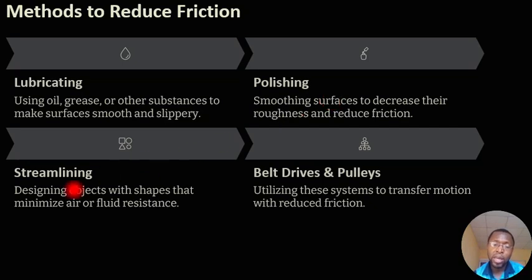Another way is called streamlining. Streamlining simply means designing an object in a way that it will minimize air resistance or fluid resistance. A good example is the airplane or the boat. If you look at boat design, you find out that it is curved at the bottom. The reason is to reduce air resistance when it is moving and also fluid resistance.